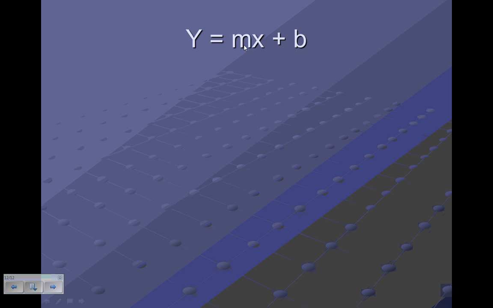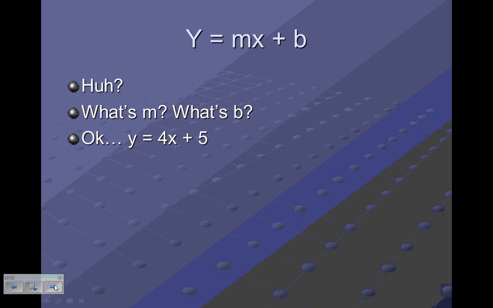You can call it delta y over delta x, rise over run, lots of things. The b, this is my constant. Well, another name for constant is coefficient. Okay, I guess I kind of went over that instead of asking, what's m and what's b? We should have known what that was.